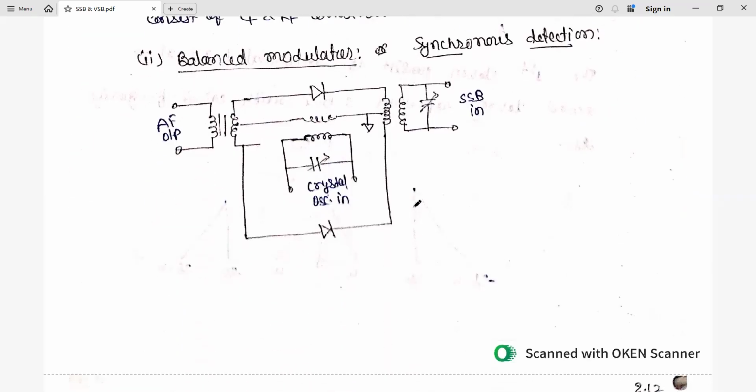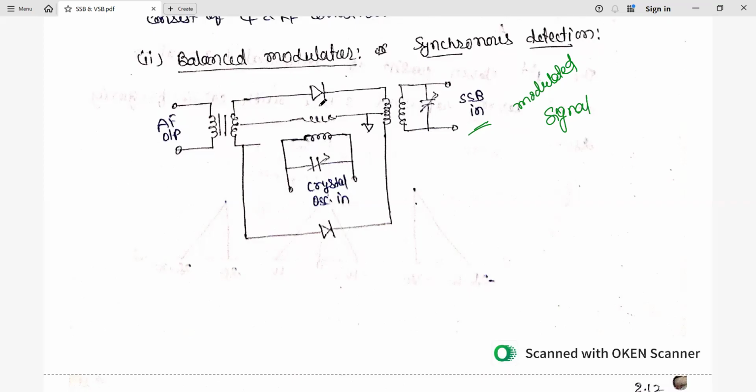Next, we have another method, the balanced modulator. This is another way to obtain the message signal. Here the SSB input is given, which is our modulated signal obtained with the help of the antenna. The concept is similar, but the structure is different.